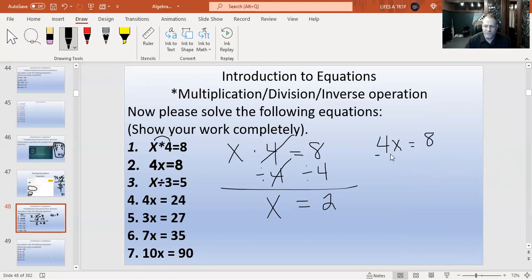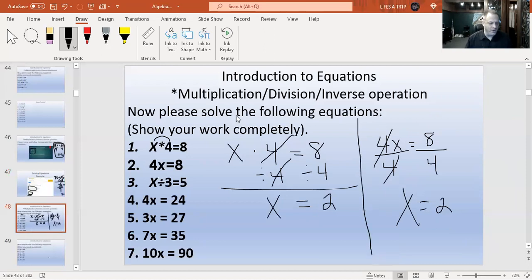Does this look familiar now? Yes, it does. There's our 4 and our 4, and it came from here. Cancellation, cancellation, x equals 2. Okay, so those are two different ways that you can do the same problem, the same outcome.